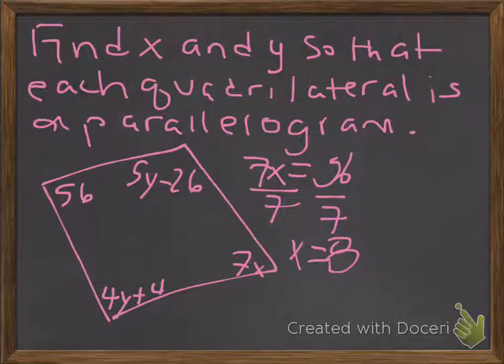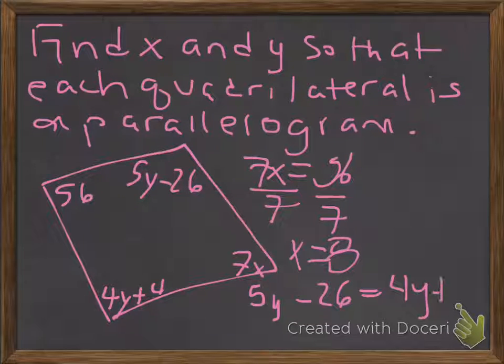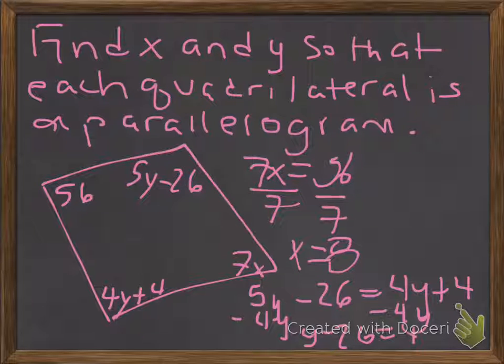And then to find y, do the same thing. 5y minus 26 equals 4y plus 4. And solve for y. So y minus 26 equals 4. So y would be 30. And x would be 8.